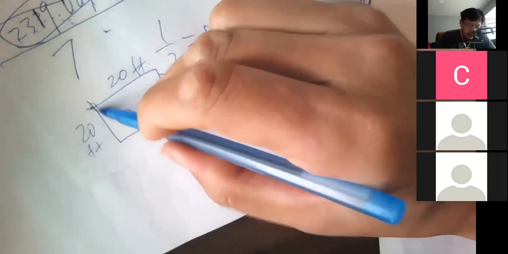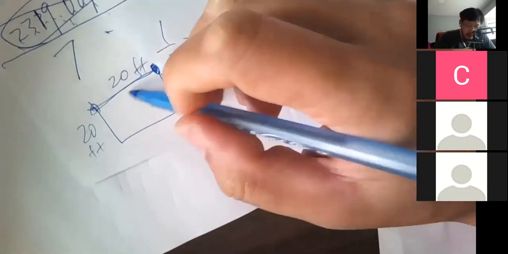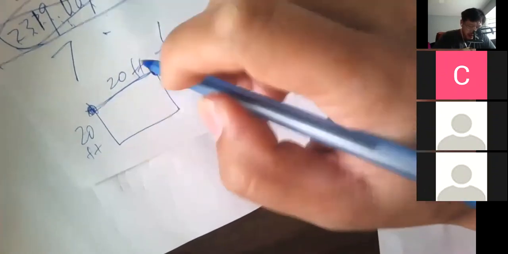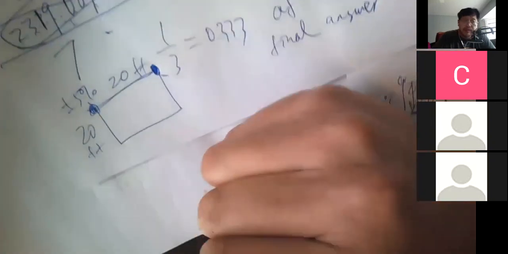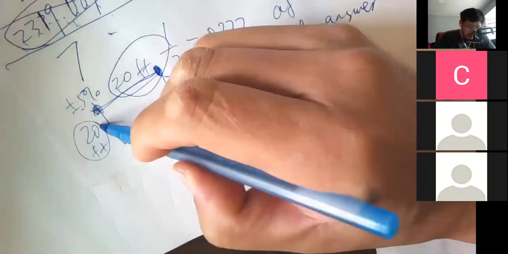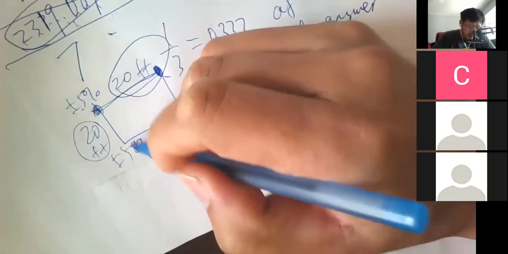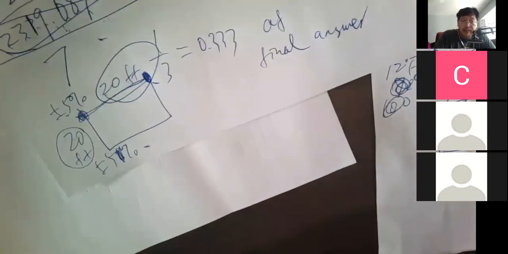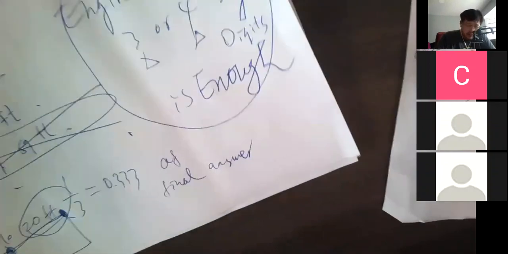When you measure the 20 feet, no matter what kind of tool you're using, there have to be errors. Usually it's plus or minus 5%, for example. So everything has 5% or 1% errors.